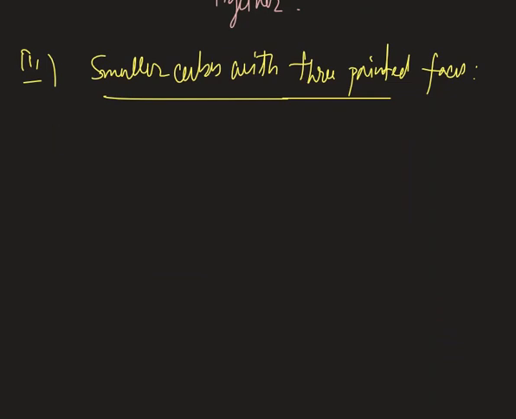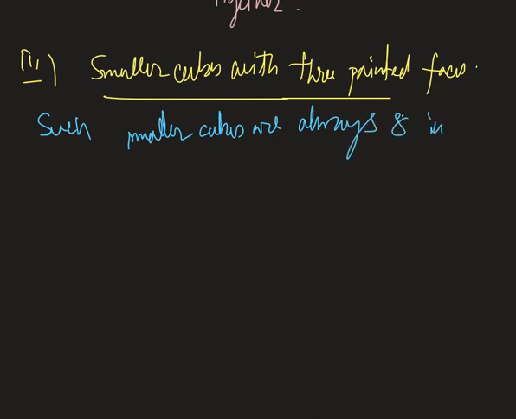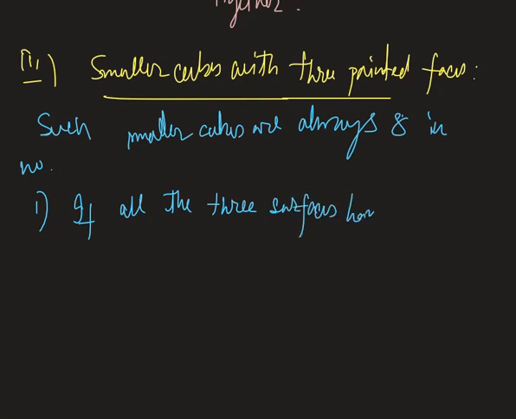Okay, such smaller cubes are always 8 in number. In this case, three situations arise. First, if all three surfaces have the same color.